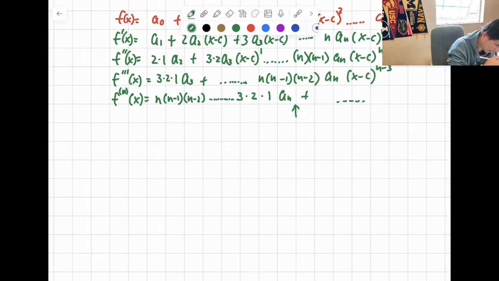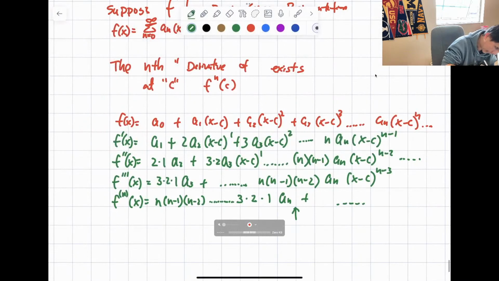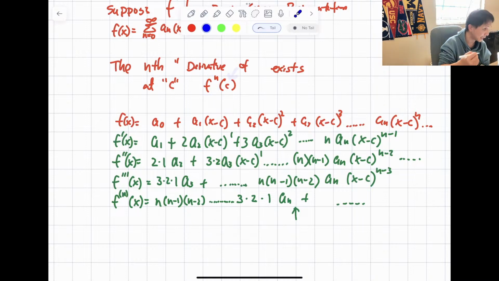Now, what we're going to do is go back. We say, okay, we not only want to plug into the nth derivative, at the same time, I want to plug in c. Because we can not only take an nth derivative, we need to make sure to plug in the value of c. c is the center.